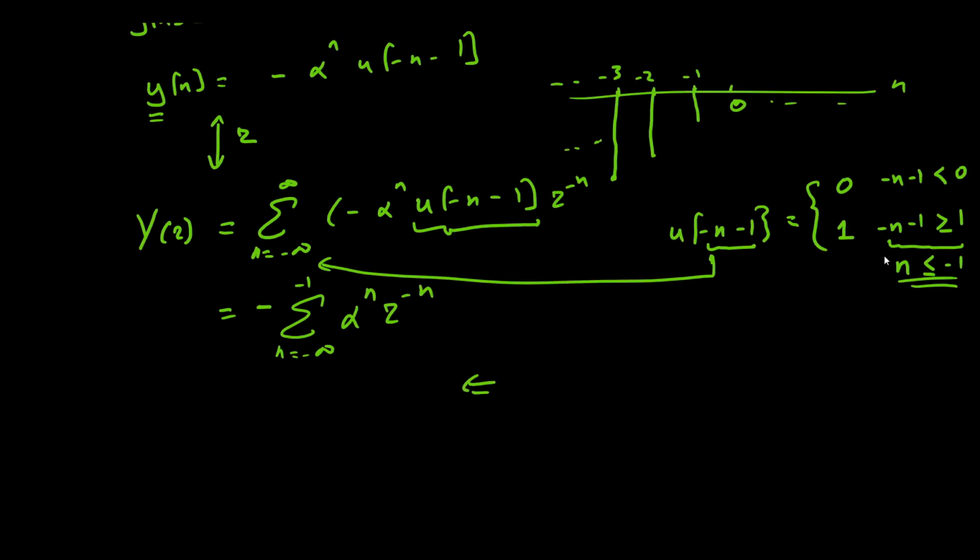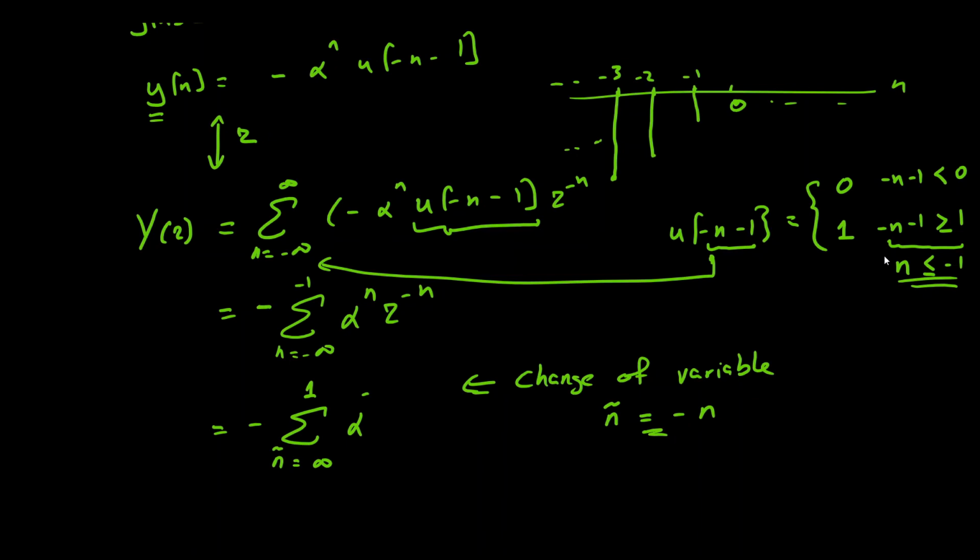Now we can apply a change of variable. That is, we can introduce a new variable, n tilde, which is simply equal to minus n. So hence our summation would run from n tilde equal to 1 to plus infinity because of this change in variable, and we have minus alpha to the minus n tilde z to the plus n tilde.